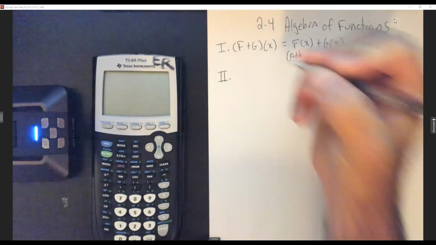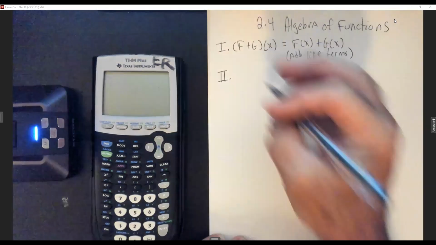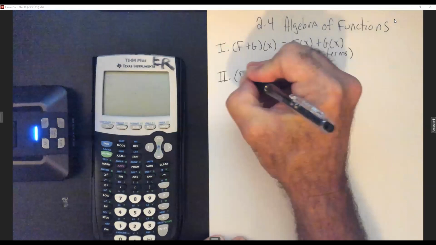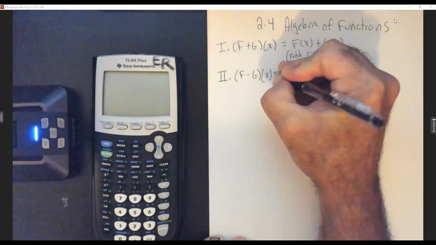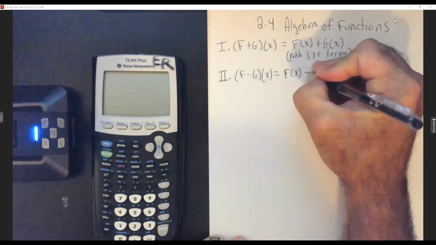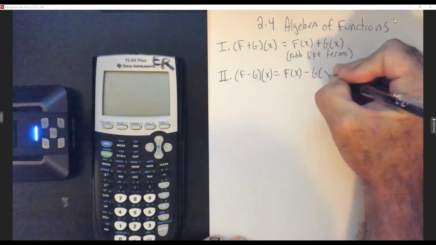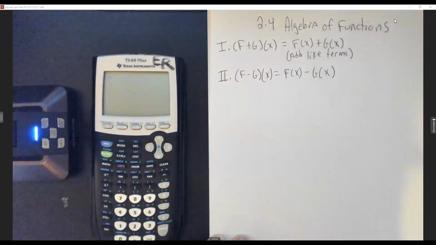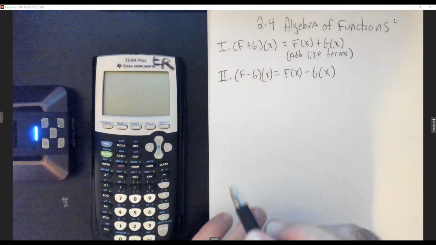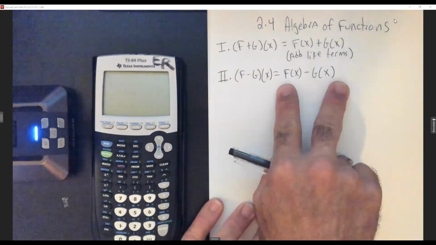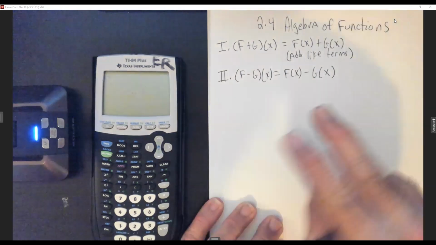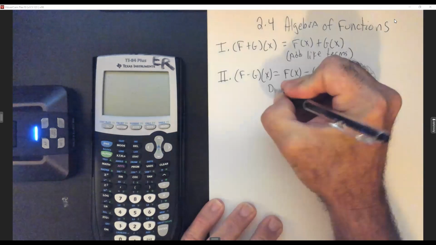Second operation, we can look at subtraction. So f minus g of x will be my f of x minus g of x. When you're subtracting, the thing you got to watch out for, because I'm going to be putting these functions inside parentheses, is that you want to distribute the subtraction.